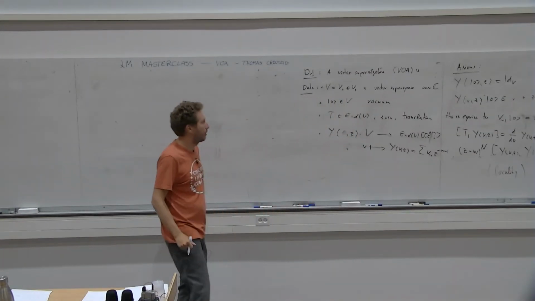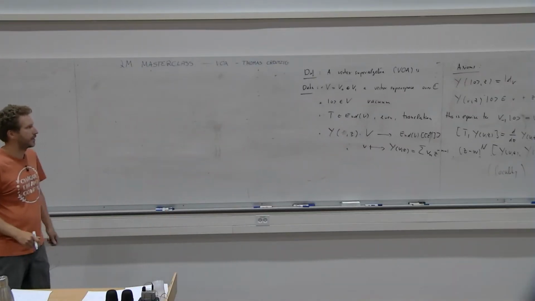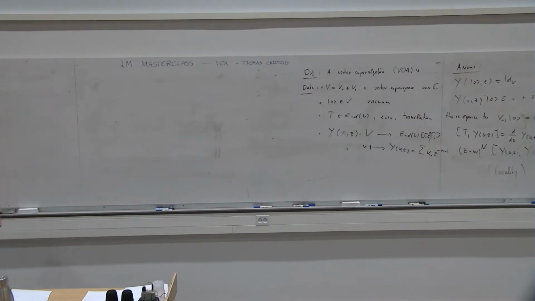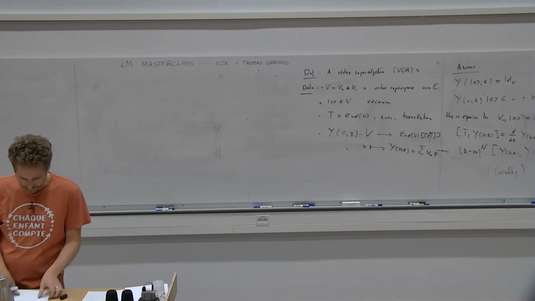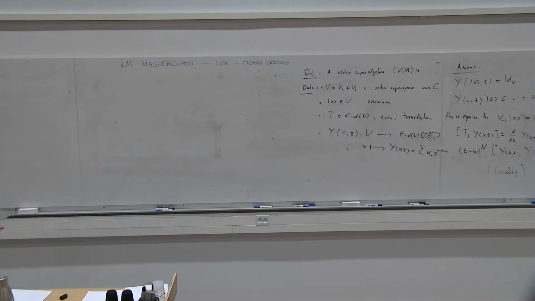But I want to point out that there exist vertex algebras that don't have a Virasoro vector and are still very interesting and also quite relevant. Well, anyway, it's just a name.